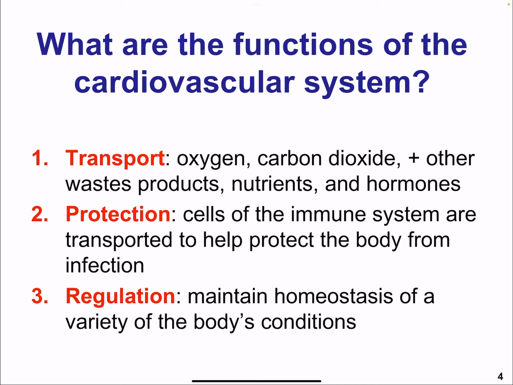Now, what are the functions of the cardiovascular system? I already alluded somehow to these functions. One is transport. Transport of what? Transport of oxygen, carbon dioxide, nutrients, hormones, waste, which are the byproduct of all our metabolic reactions, right? Another function is going to be protection.